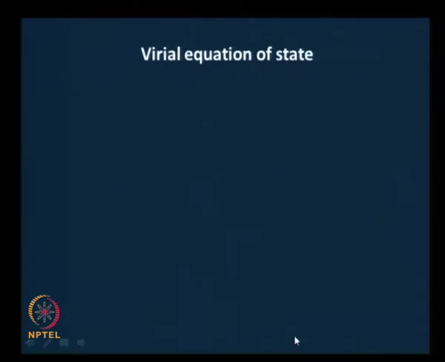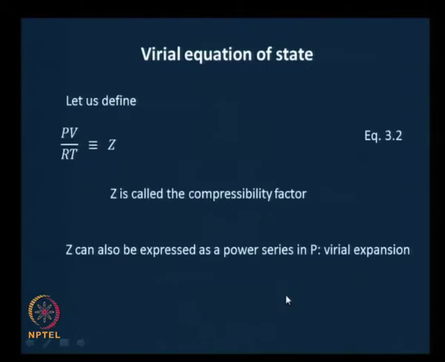Now the equation of state is nothing but the relationship between P, V and T for a pure substance, and if we define PV by RT as Z, the compressibility factor, then this is one of the virial equations of state in terms of pressure. Z equals 1 plus B2 P plus B3 P squared plus B4 P cubed plus B5 P to the power 4 and so on.